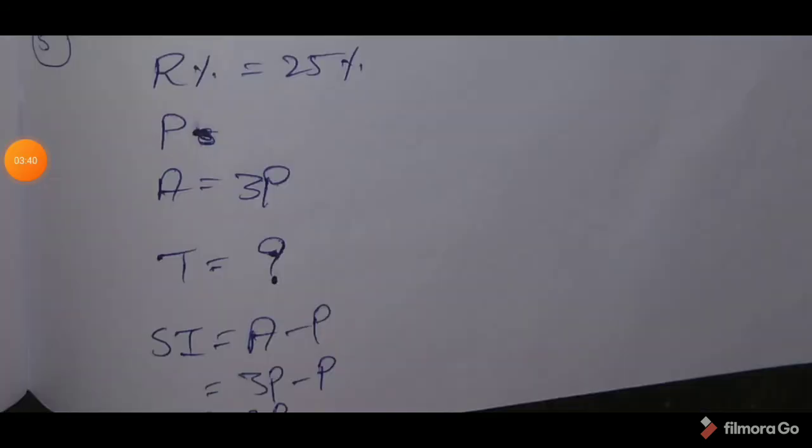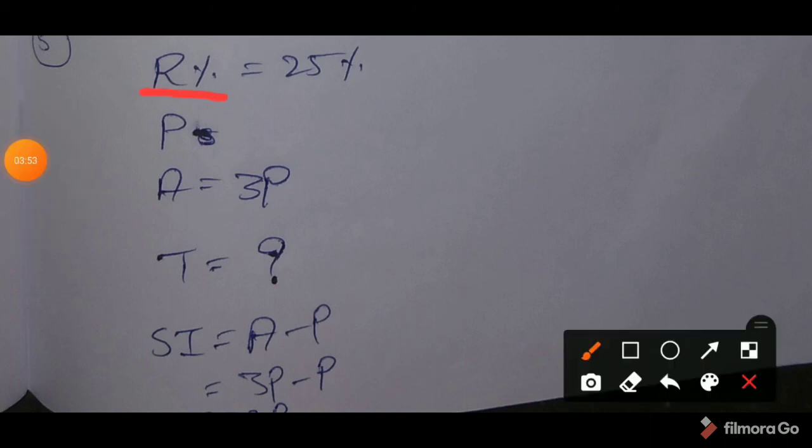Next question: at 25% per annum interest, in how many years will a sum of money triple itself? So just try to understand the question first. Rate of interest they gave is 25%, principal amount only, the amount will become 3 times the principal amount. After how many years? The time period you need to find now. We know simple interest equal to amount minus principal, that is 3P minus P, that equal to 2P.